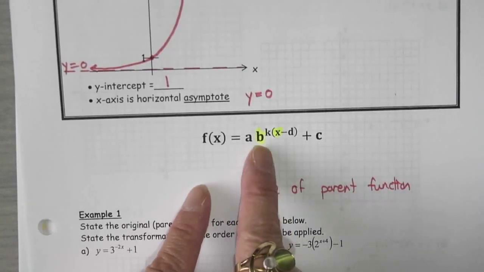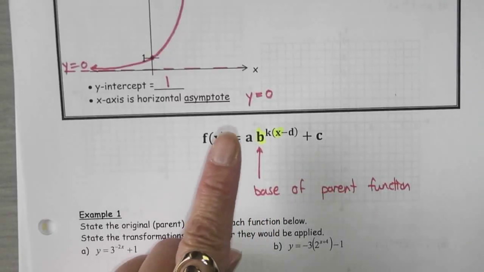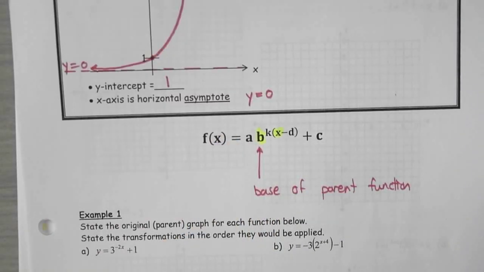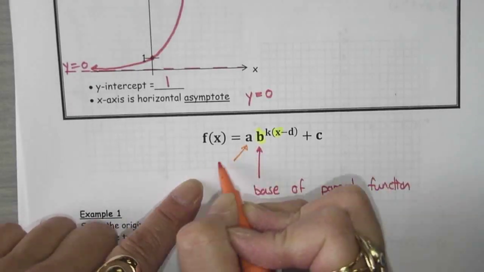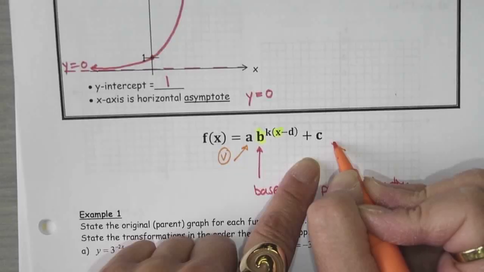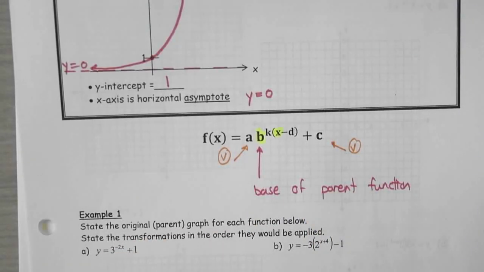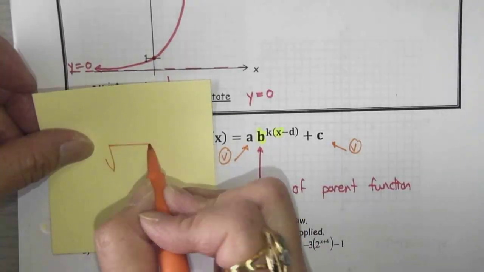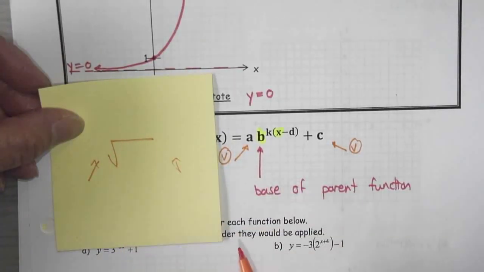So if this is my parent function sitting here in the middle, anything multiplied in front of it will be vertical. Remember, so we said vertical around it, and the last number tacked on at the end was also vertical. Does this remind you of when we were doing the square root function? A number in front was vertical, and the number after was also vertical.